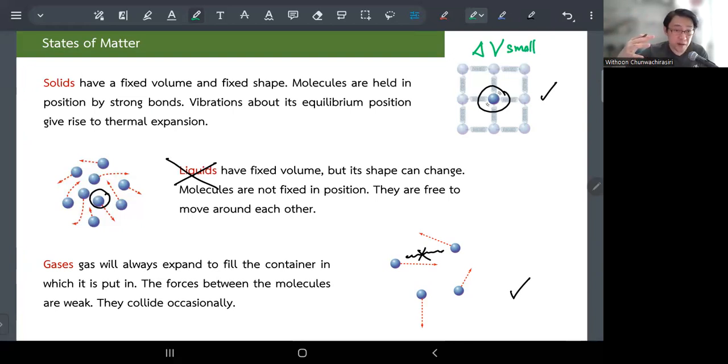And we need a little bit of volume change, because we assume the system can somehow interact with the environment, and the only way it can interact is by pushing or pulling. So we would love to see volume change, and the solid cannot give us that. That's why we're not going to pick the solid. It's going to be our gas that's used as our system to study. Sounds good?